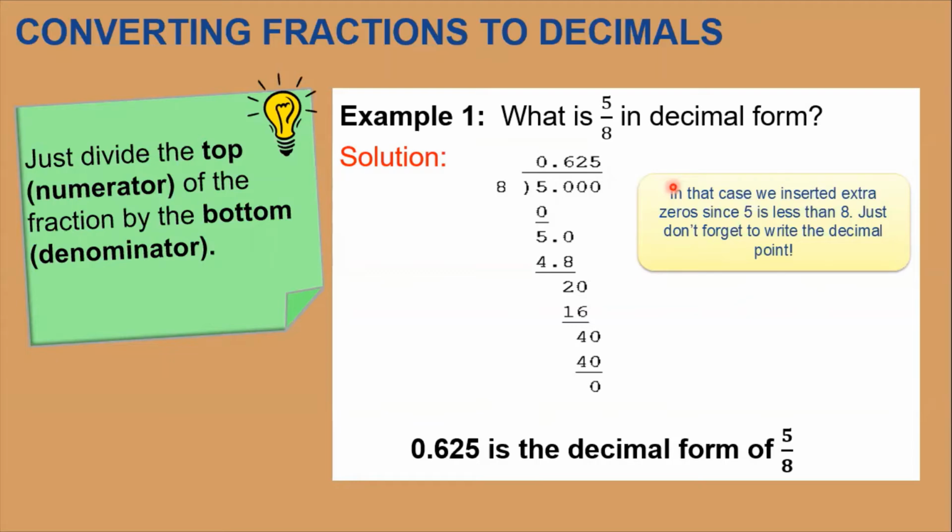For this case, we inserted extra zeros after the decimal point in 5 since it is less than 8, so that we can carry on with the computation. Just don't forget to write the decimal point. First you write 0 and then the point, and then you go on with the computation. Therefore, 0.625 is the decimal form of 5 over 8.